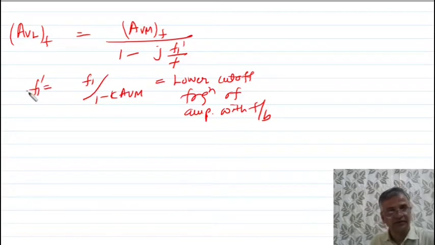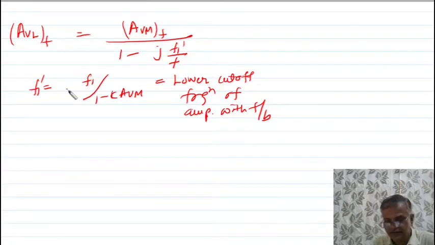The lower cutoff frequency of an amplifier with feedback is 1 by 1 minus K AVM times the lower cutoff frequency of an amplifier without feedback.